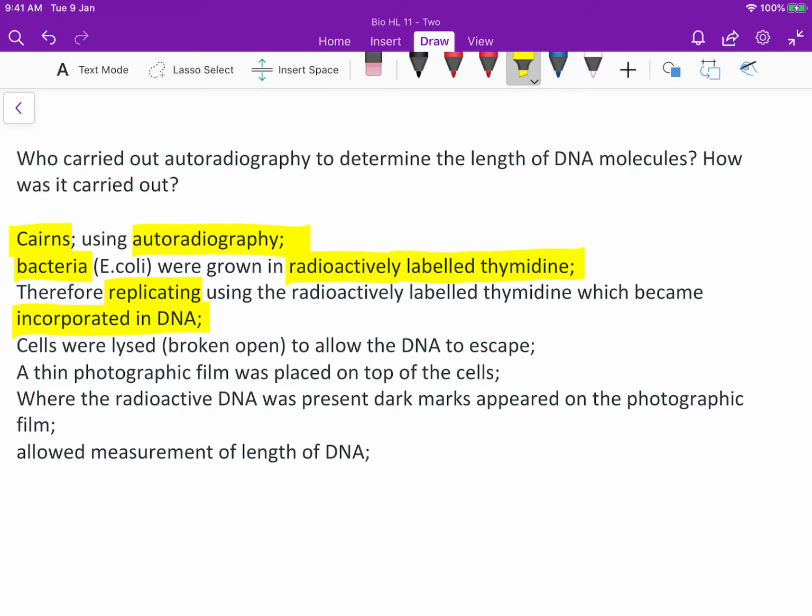So they then broke open the cells, they lysed them, and put the lysed cell contents on photographic films, and the radioactive DNA would create dark marks on the film, and that allowed them to measure the length of the DNA. And this allowed them to work out the length of a chromosome in a bacteria.